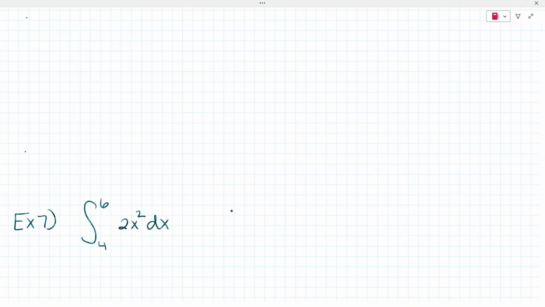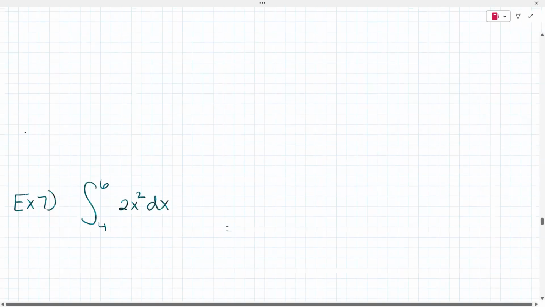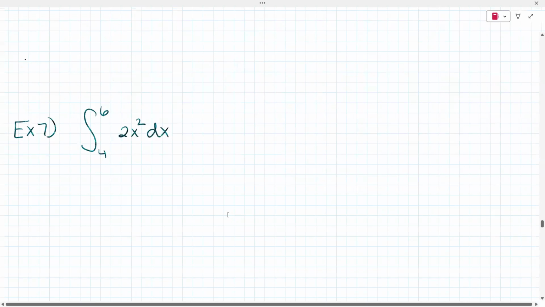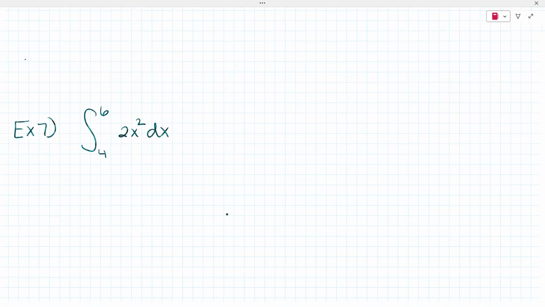So example 7, we've got to find the integral from 4 to 6 of 2x squared dx. So first step is find your delta x. So my delta x is b minus a over n. In mine, 4 is your a, 6 is your b. So 6 minus 4 over n, just 2 over n.